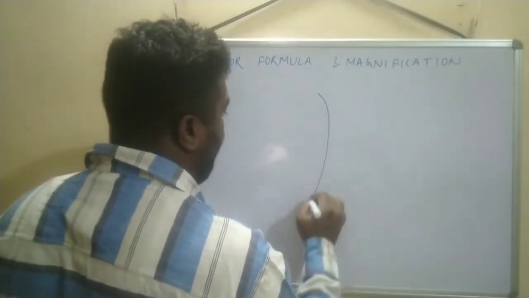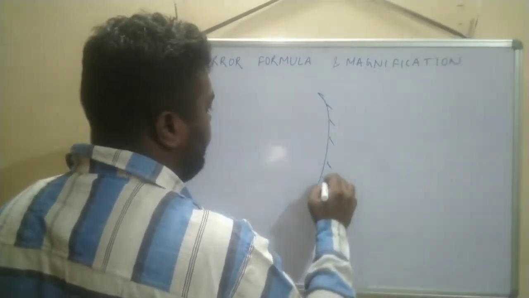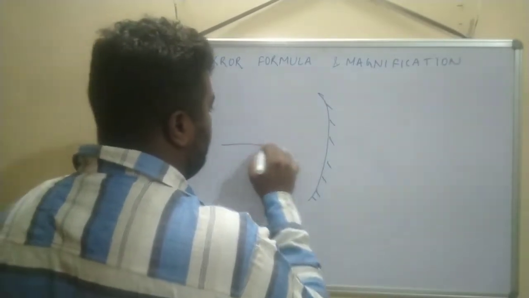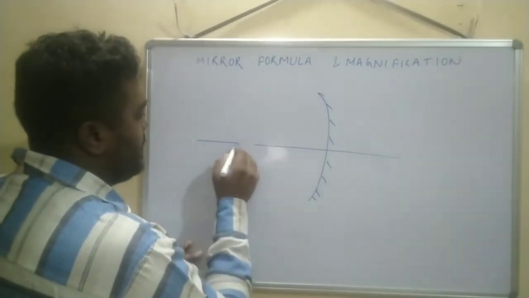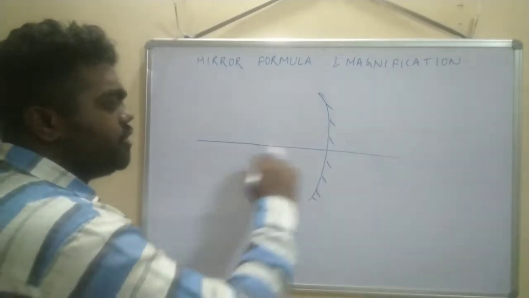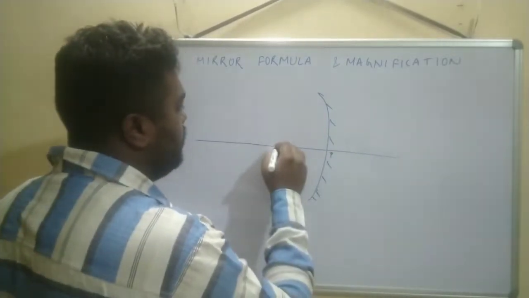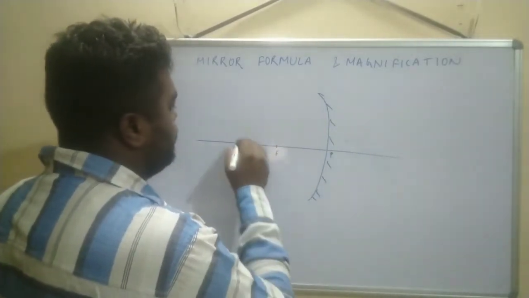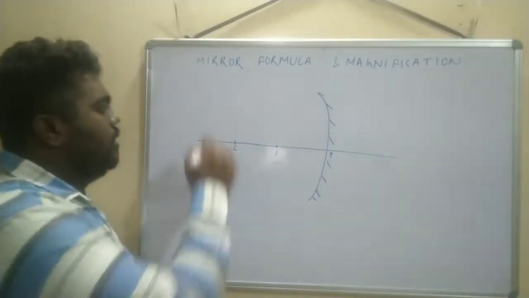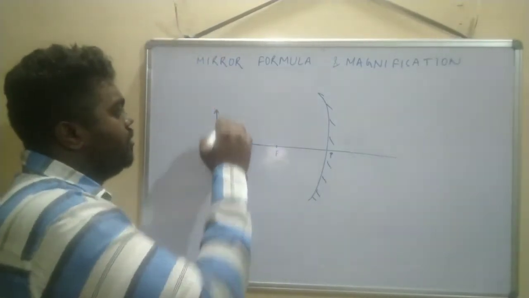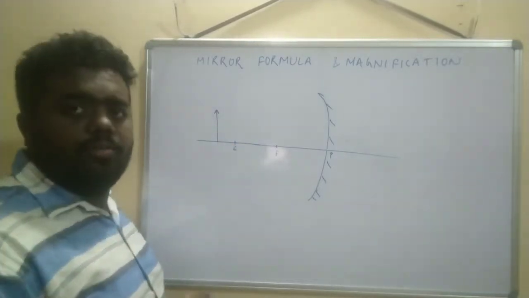Now again drawing a concave mirror. Now this is principal axis, this is pole, this is focus, this is center of curvature. Now there is an object. Suppose there is an object.